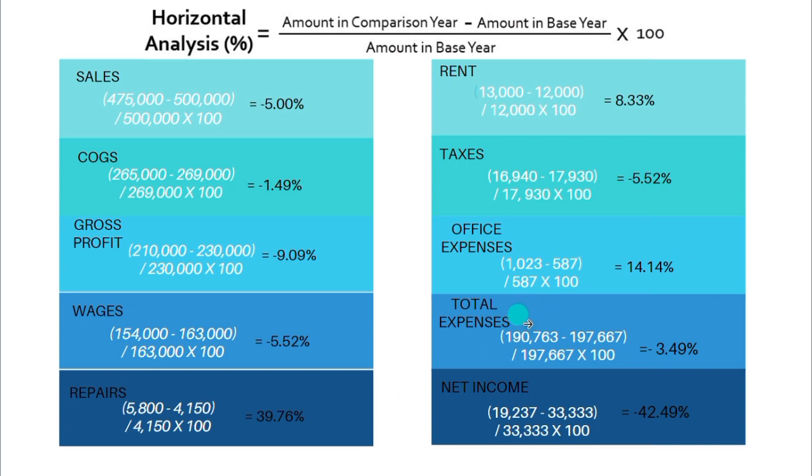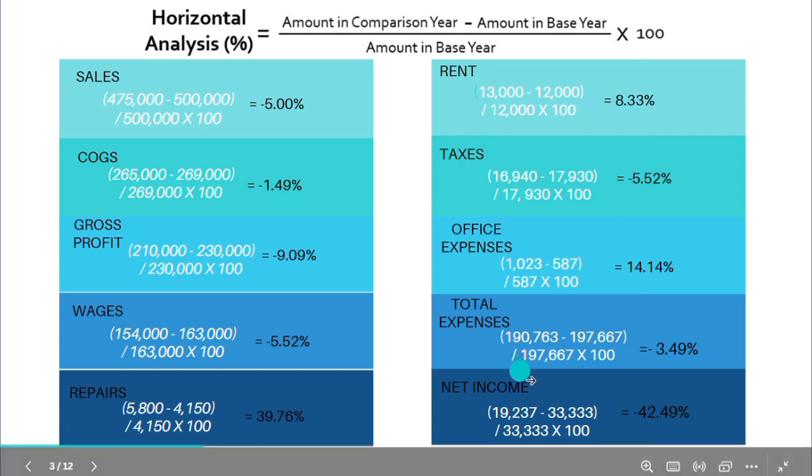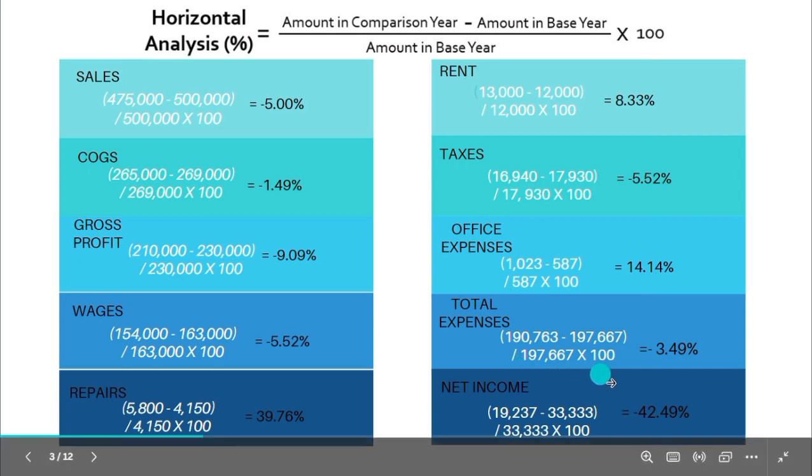For total expenses, 190,763 minus 197,667 divided by 197,667 times 100 is equal to negative 3.49%.